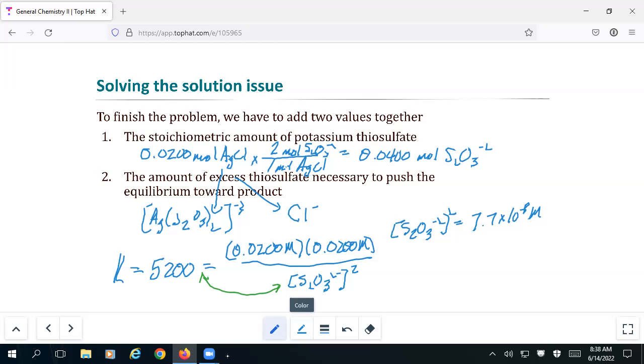Square root of that is 2.8 times 10 to the negative 4th molar, which, since this is a 1 liter solution, would be 2.8 times 10 to the negative 4th moles.